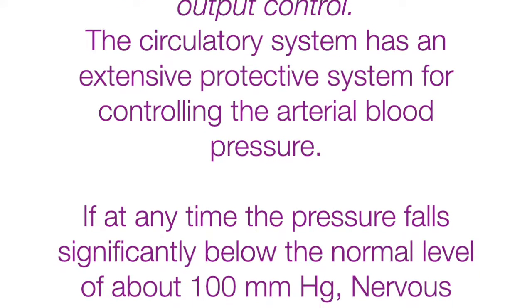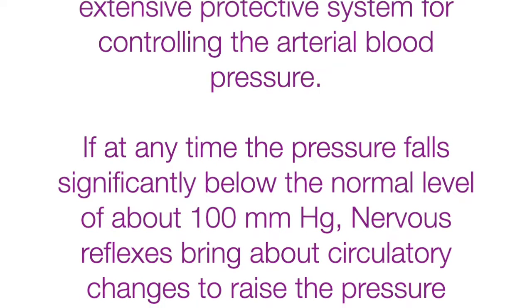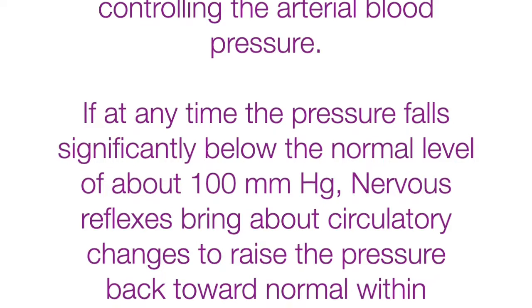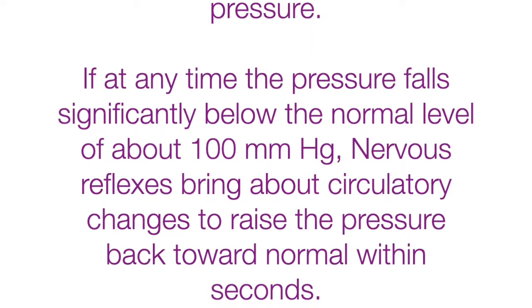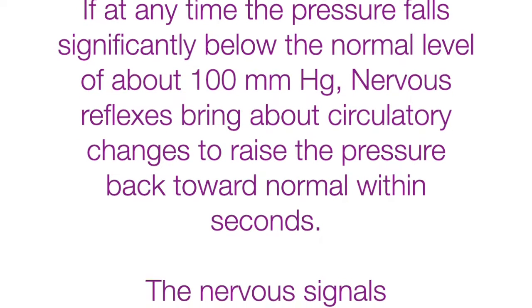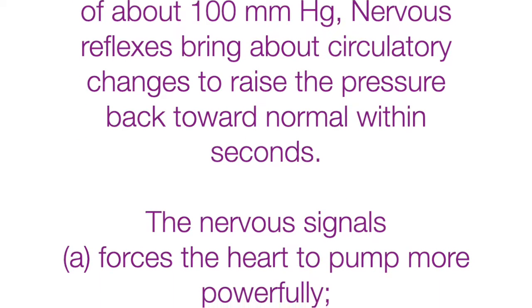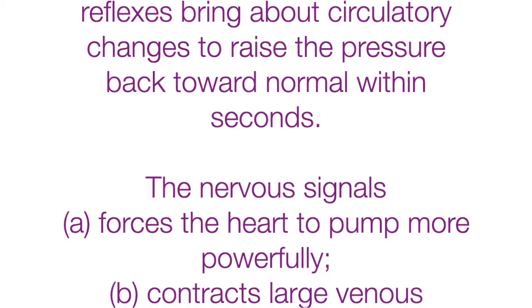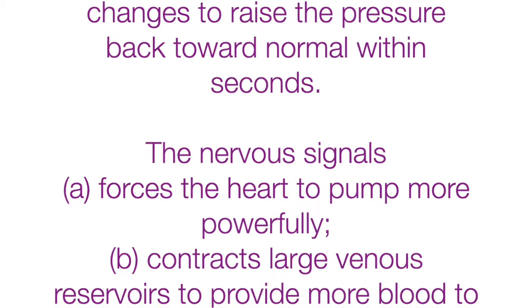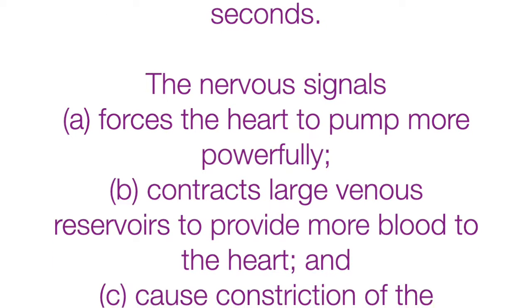The circulatory system has an extensive protective system for controlling the arterial blood pressure. If at any time the pressure falls significantly below the normal level of about 100 millimeters, nervous reflexes bring about circulatory changes to raise the pressure back toward normal within seconds.